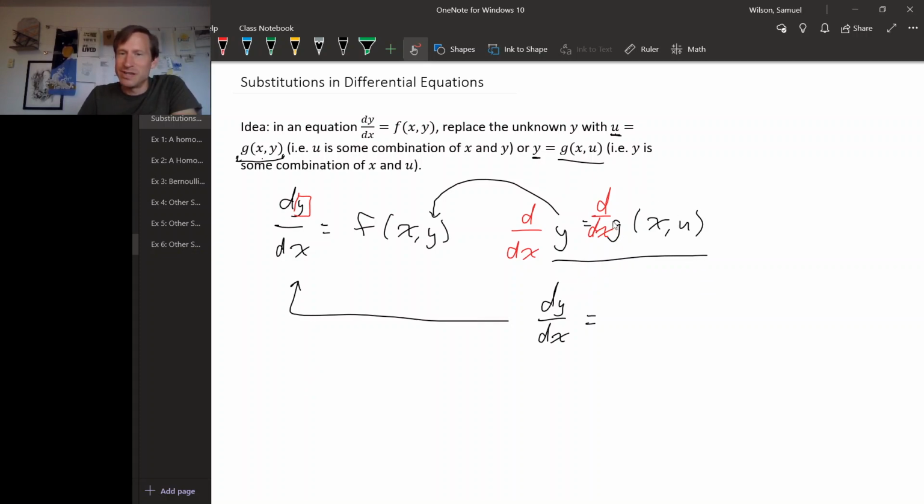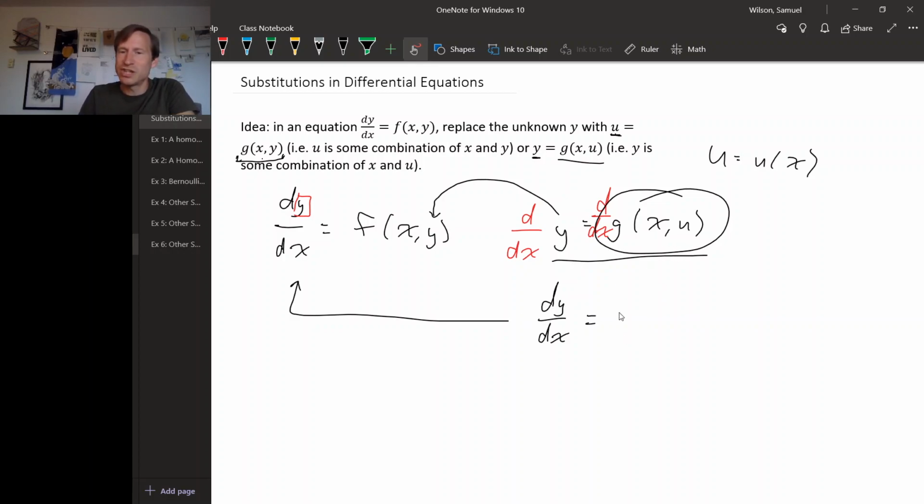So what we need to do is take the derivative of this thing with respect to x. But remember, since y was an unknown function of x, u is also actually an unknown function of x, and so we have to use the multivariable chain rule to take this derivative.